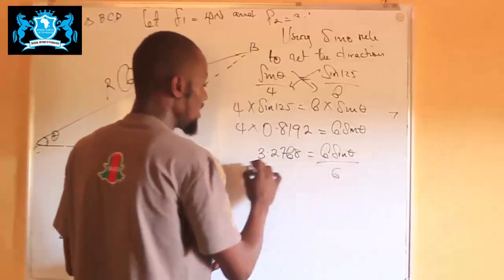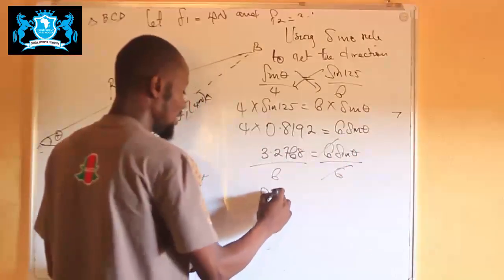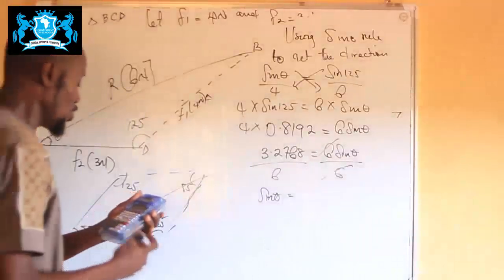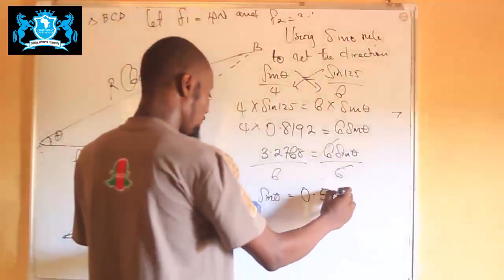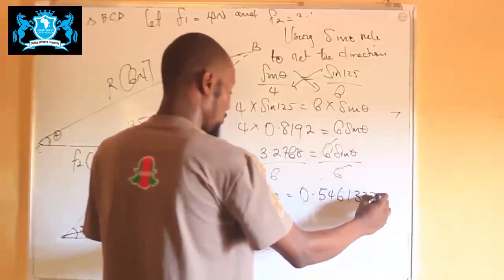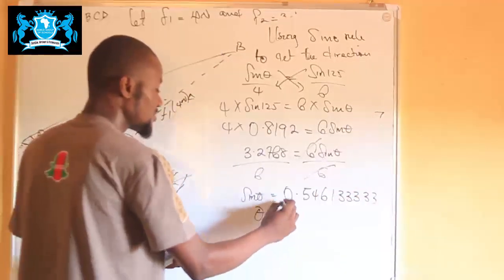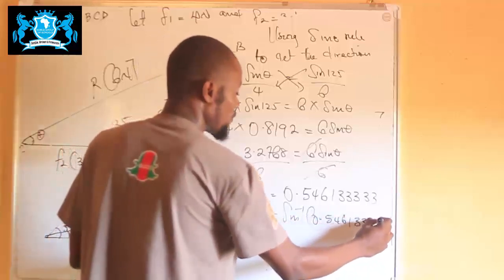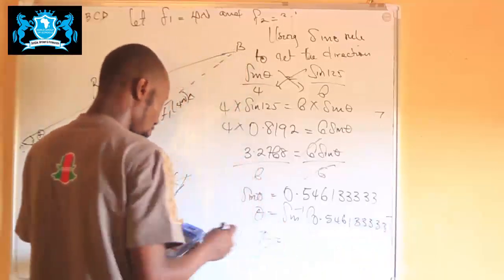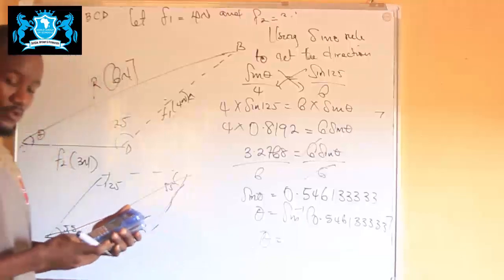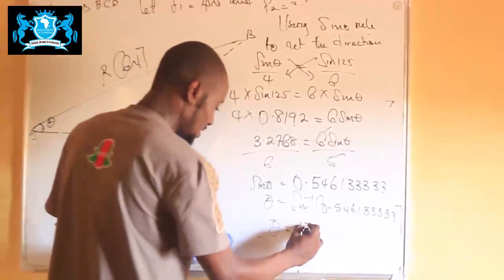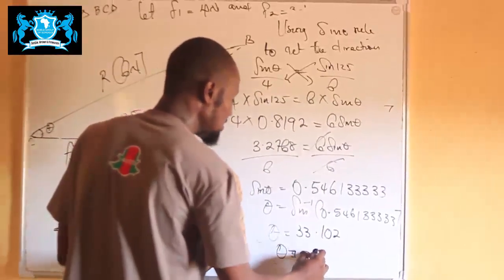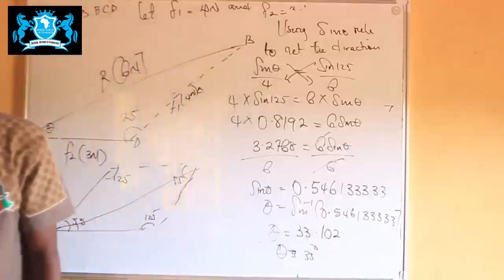So divide both sides by 6. Sine theta is now the answer divided by 6, we will be having 0.5461333. So theta is now sine inverse of 0.54613, and your theta will be sine inverse of the answer, giving 33.102. So theta is approximately 33 degrees to the nearest whole number.